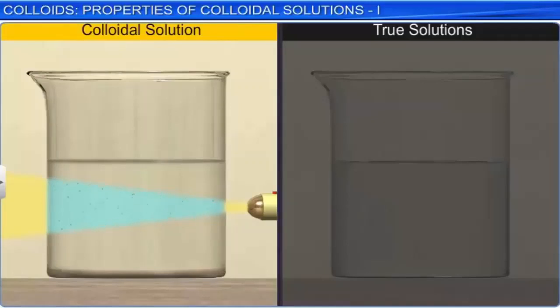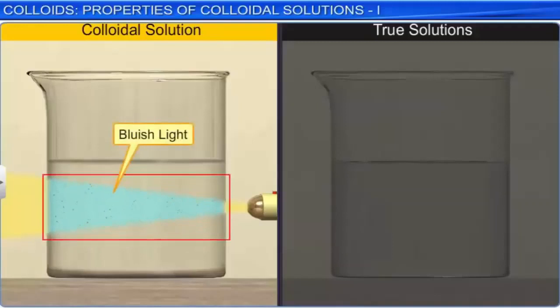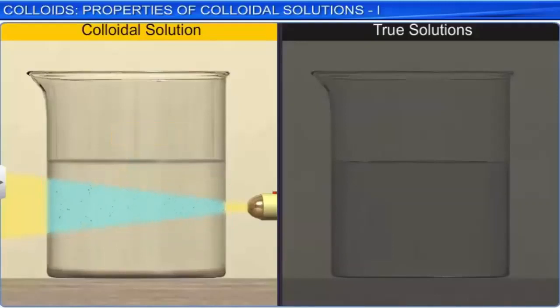The path of light gets illuminated with a bluish light. This phenomenon of scattering of light by colloidal particles is called the Tyndall effect. The illuminated, bright cone of light is called the Tyndall cone.